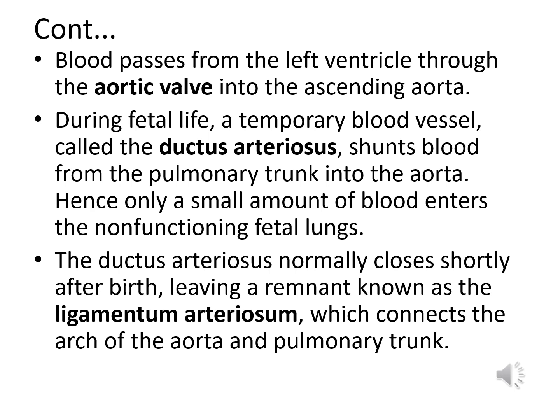During fetal life, a temporary blood vessel called the ductus arteriosus shunts blood from the pulmonary trunk into the aorta. Hence, only a small amount of blood enters the non-functioning fetal lungs. The ductus arteriosus normally closes shortly after birth, leaving a remnant known as the ligamentum arteriosum, which connects the arch of aorta and pulmonary trunk.